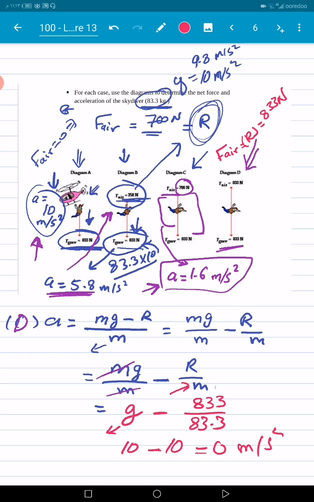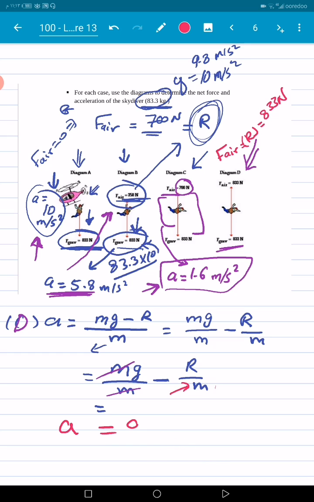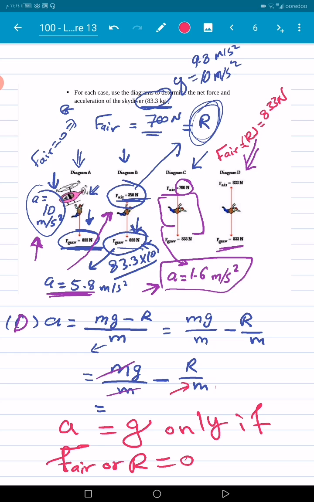So from Newton's second law, we find that the acceleration is equal to G only if F air, or R, is equal to 0. That is the important thing in this lecture. I hope it is clear.